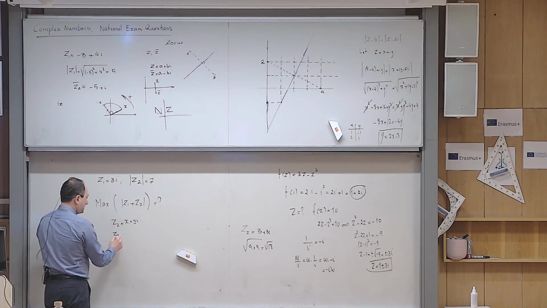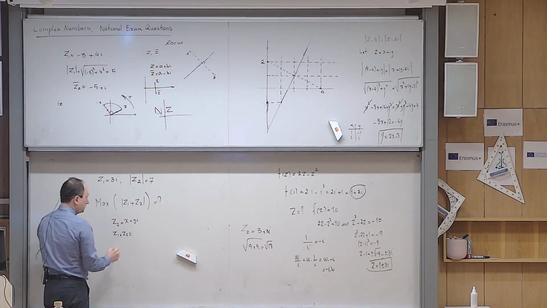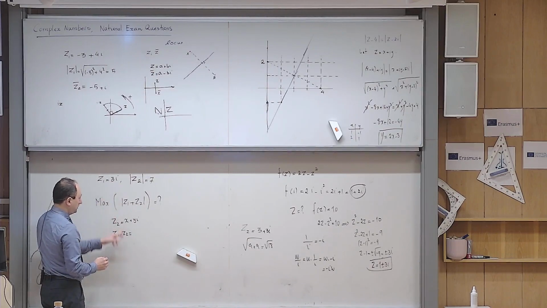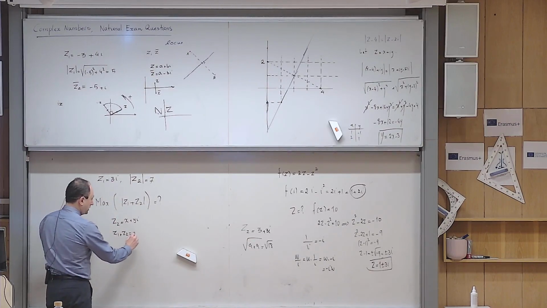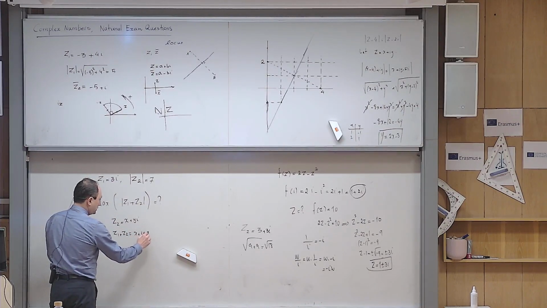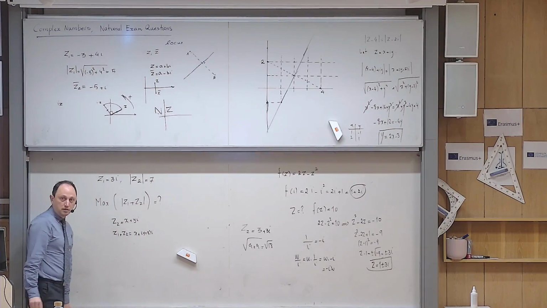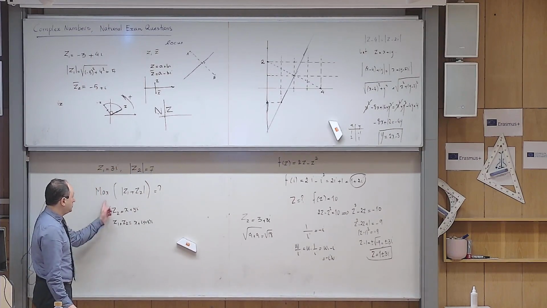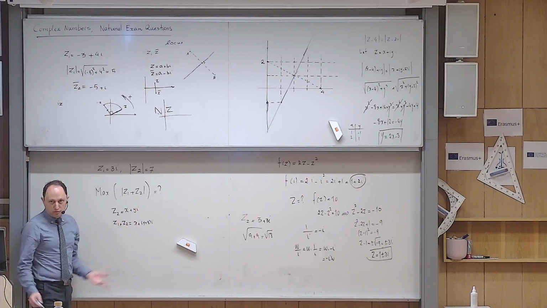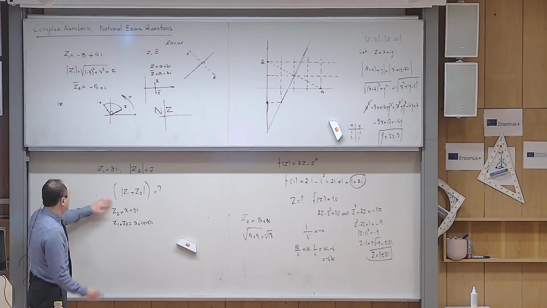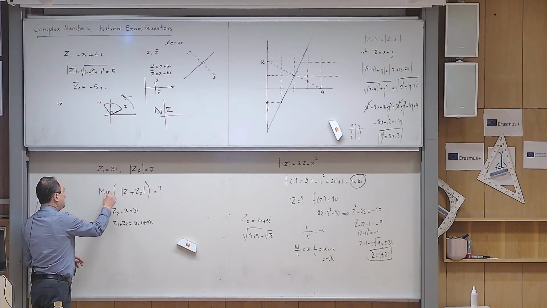Then you construct Z1 plus Z2, which is 3i plus this one, which becomes x plus (y plus 3)i, yes? And then you find this absolute value and try to maximize it. Minimize. Oh, minimize? Yes. Okay, so minimize.